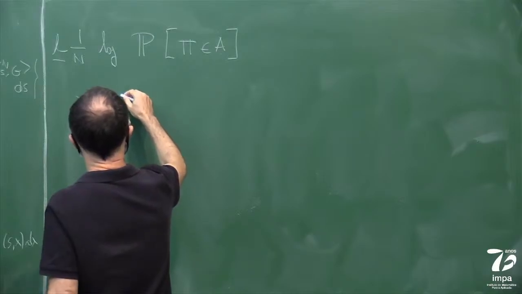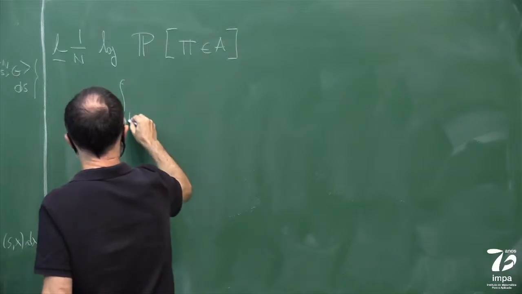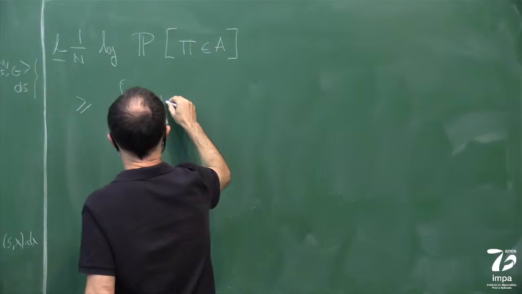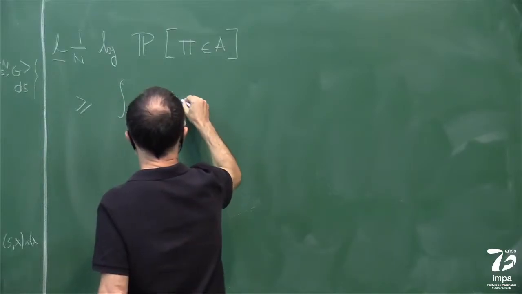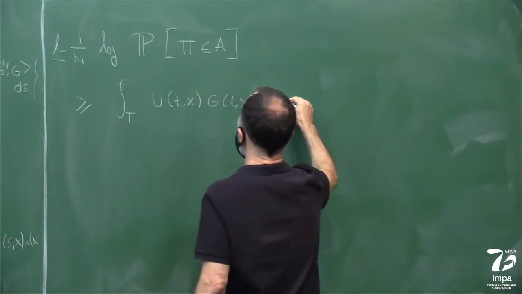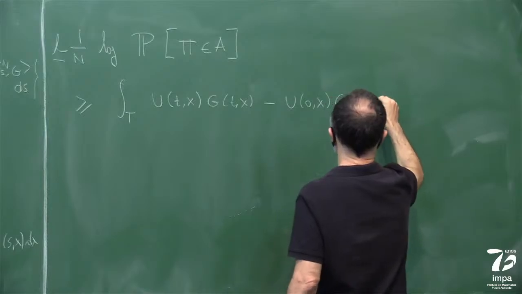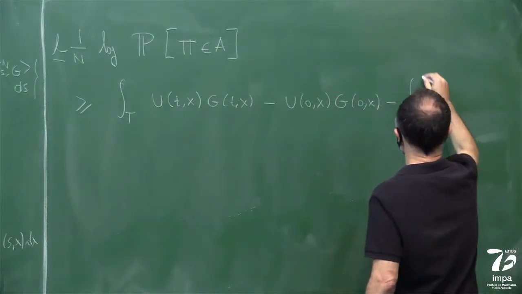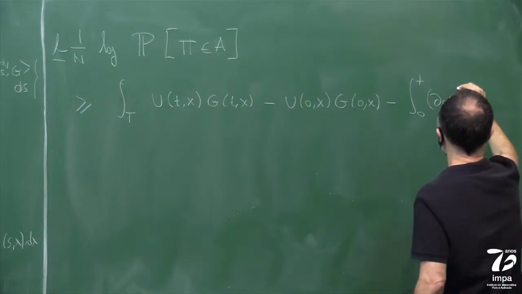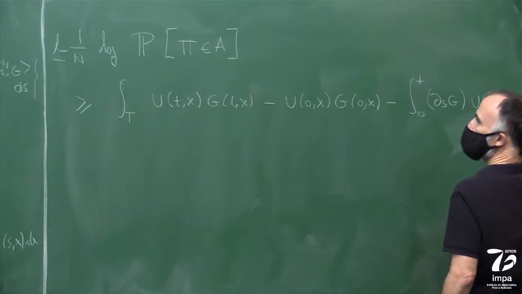This is the integral of u at time t x g t x minus u 0 x g 0 x minus the integral from 0 to t of d s g u s x dx.